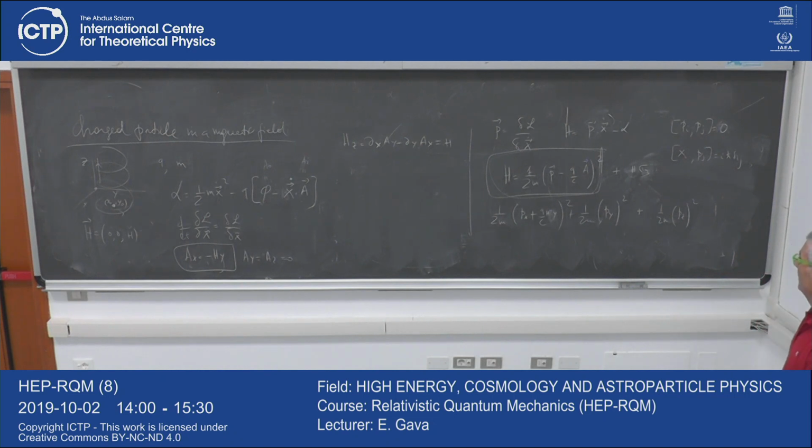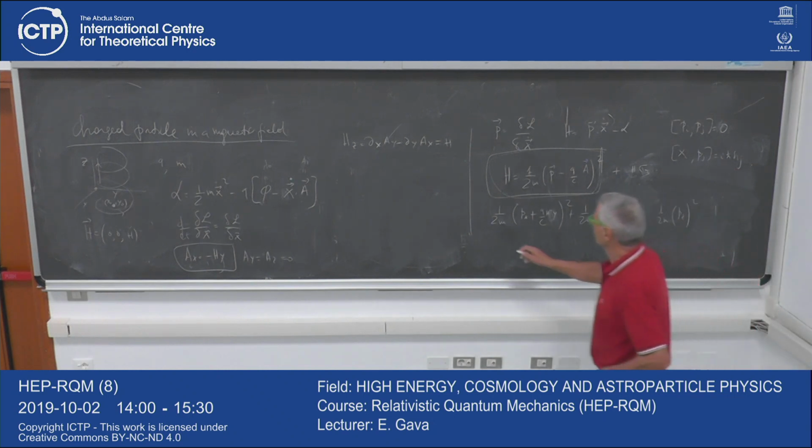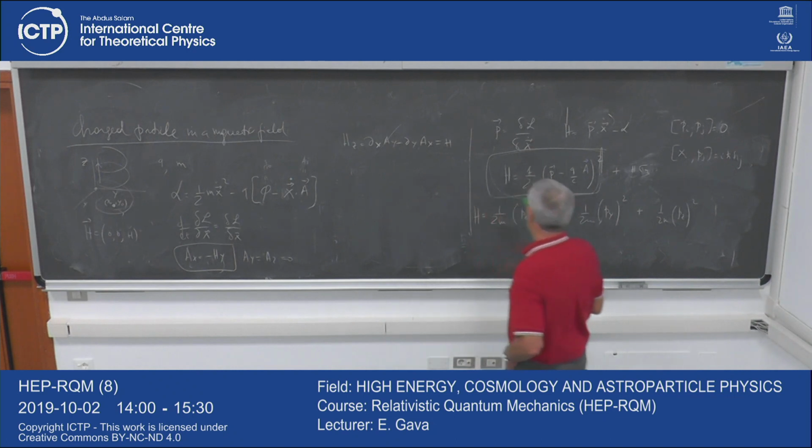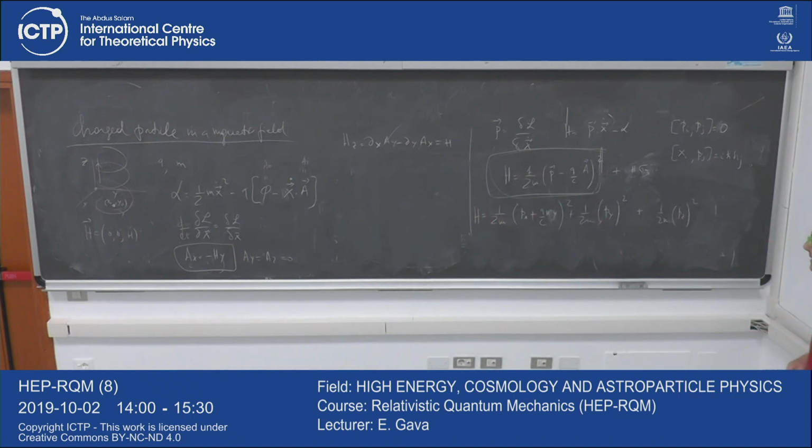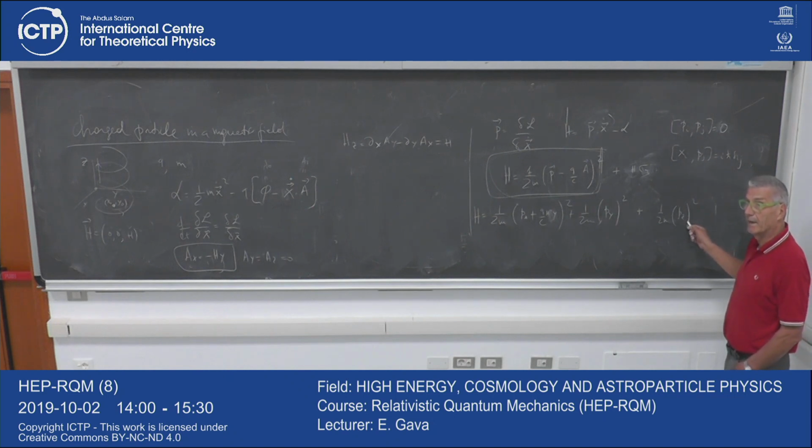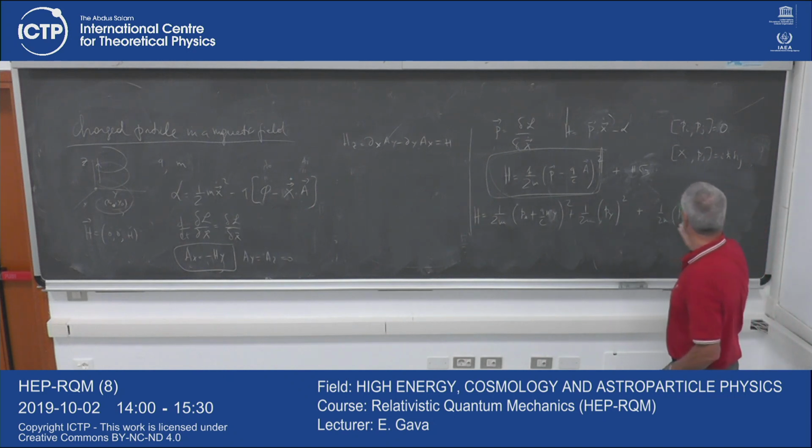Now, first of all, let's look at these various terms. This is the Hamiltonian. What quantum numbers can be diagonalized, meaning that commute with the Hamiltonian? For sure, Pz, right? There is no z appearing here.